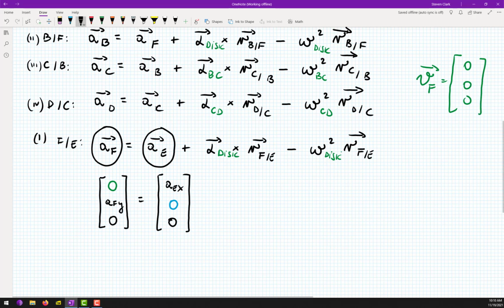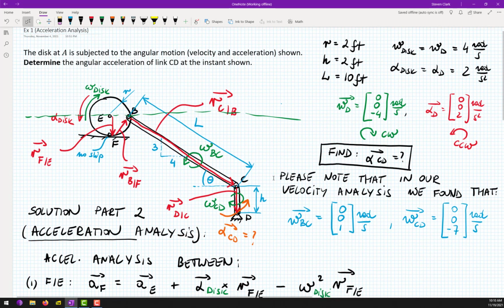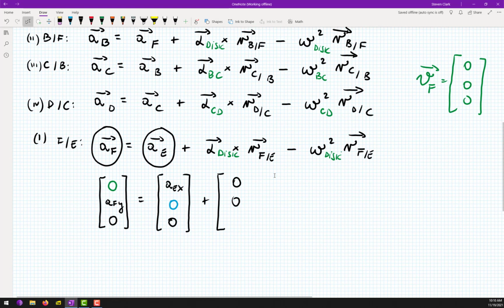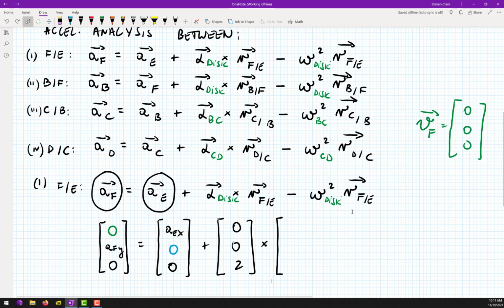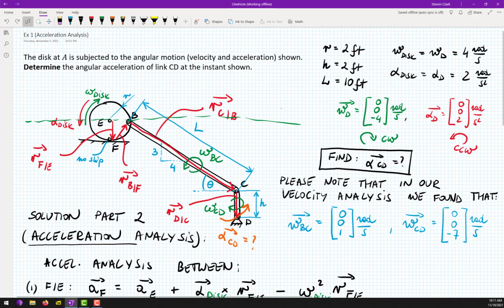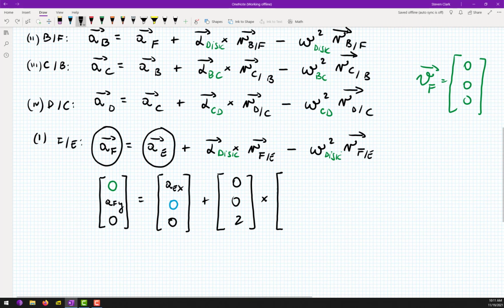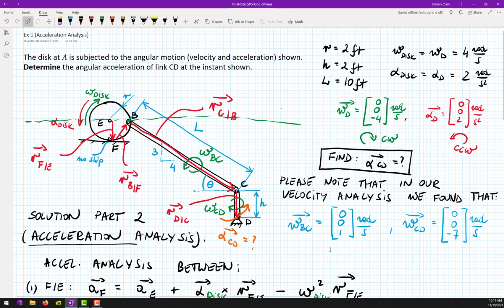Okay, and now let's continue. Plus alpha of the disk, I think it was given. Let me scroll up the board. Yeah, it was 0, 0, 2 times this vector. RFE is here, so that would be 0 minus R, 0. Minus omega squared. What was omega of the body?